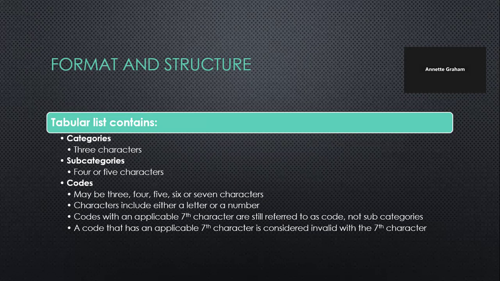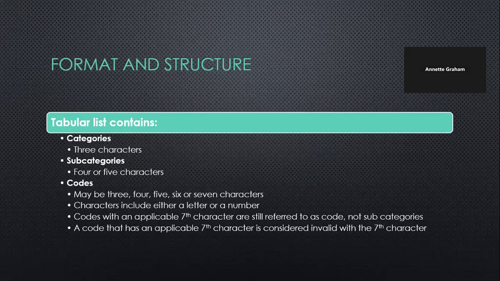So you have your category, which is your 3 primary characters that are alphanumeric. Then you will have your 4th and 5th digit that follows the point or period in the diagnosis. Then you have your complete code. This can be the 3 original category. It can be the 4th or 5th digit including, or 6 or 7 characters ultimately.